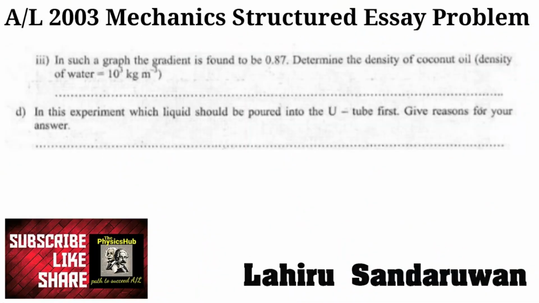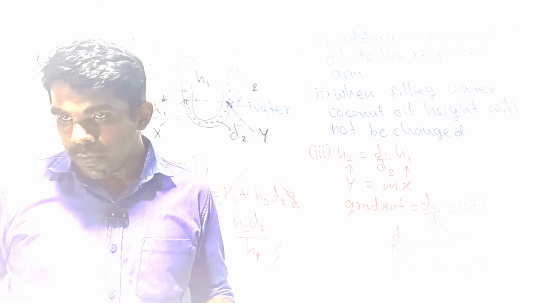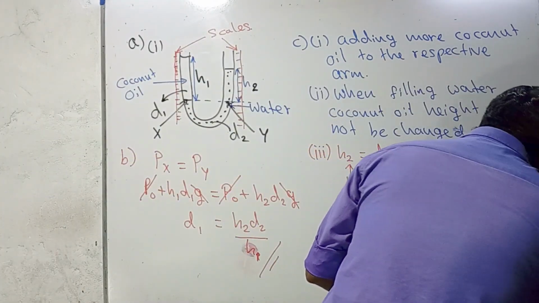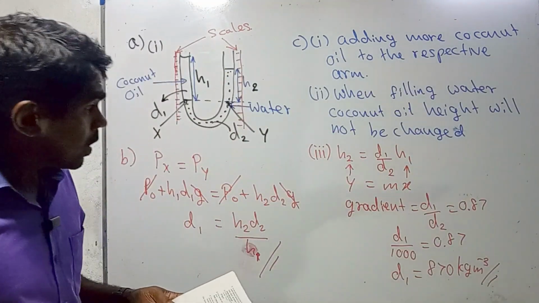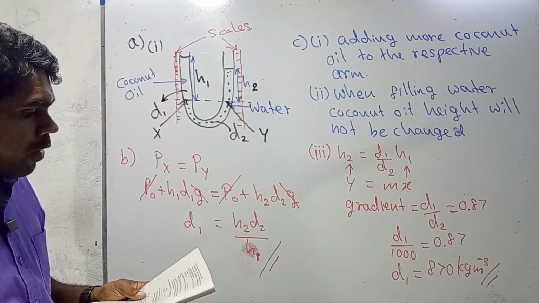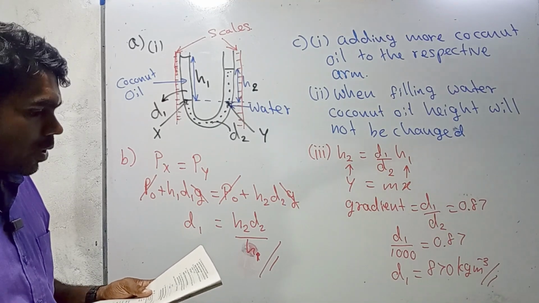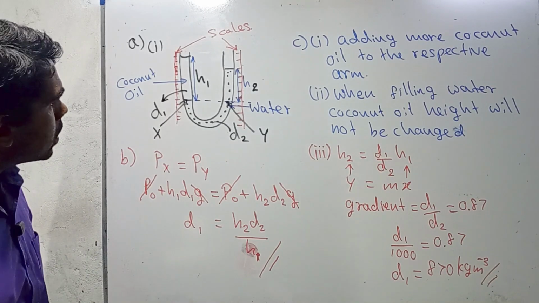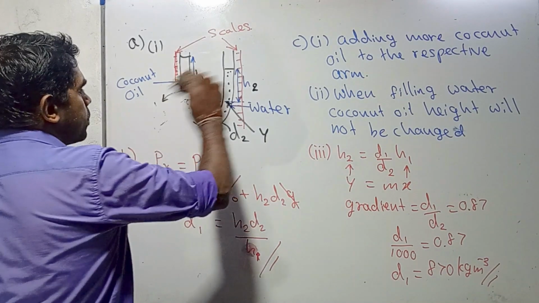Then next part D. In this experiment, which liquid should be poured into the tube first? Give reasons for your answer. We know that we have to fill water first because if we fill coconut oil first, it will move to both arms, because we know that coconut oil floats on water.